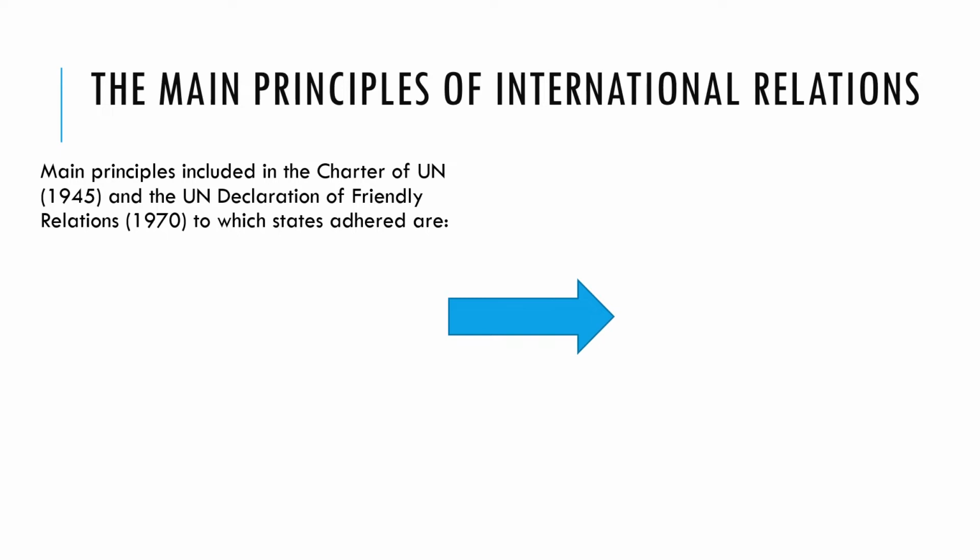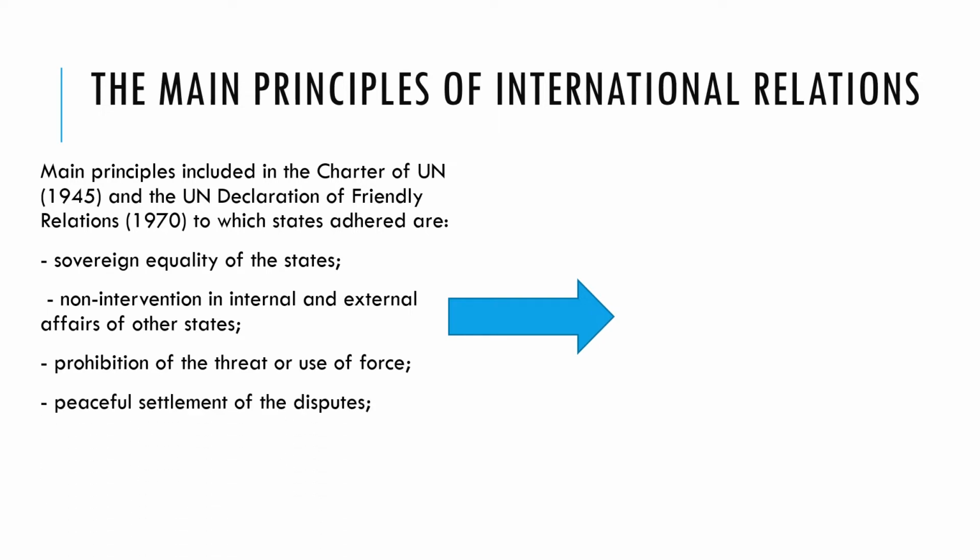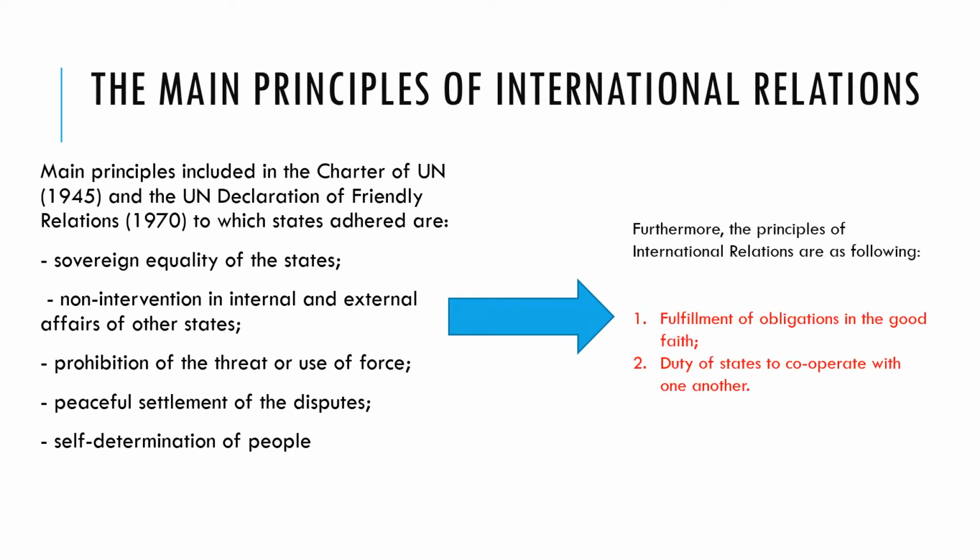All states are to follow the following rules or principles: ensure sovereign equality of other states, non-intervention in internal and external affairs of other states, prohibition of the threat or use of force, peaceful settlement of disputes, and self-determination of peoples.